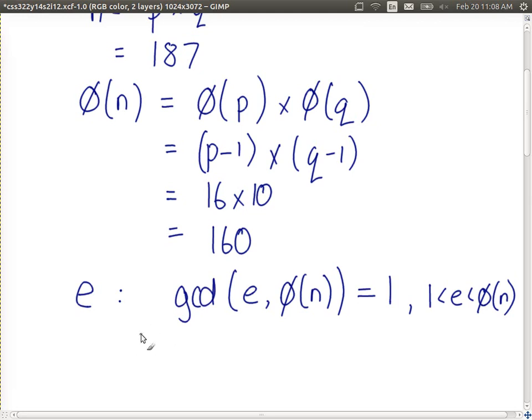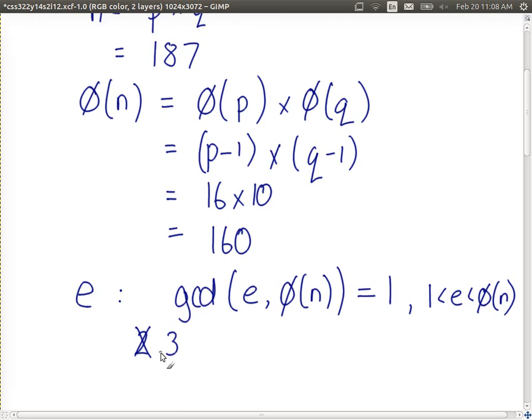What about, let's try, what about 2? Is 2 relatively prime with 160? Greatest common divisor of them is not 1, so no, we can't use 2. 3? Is 3 relatively prime with 160?